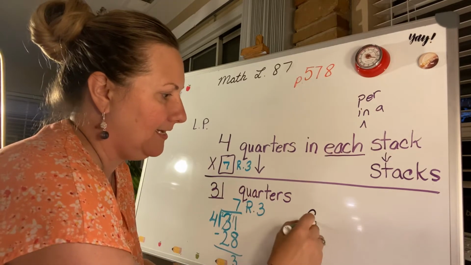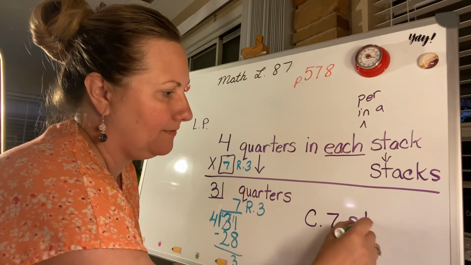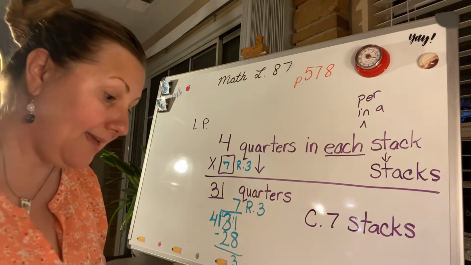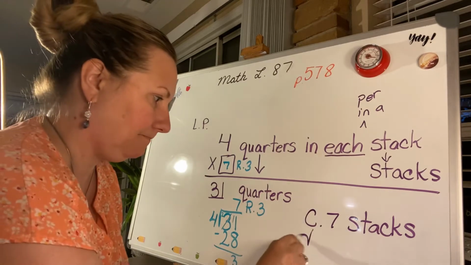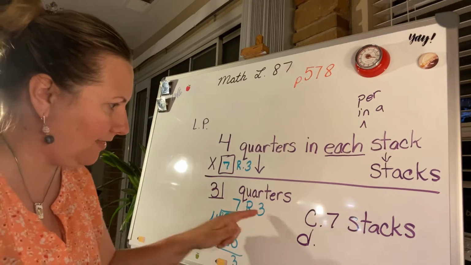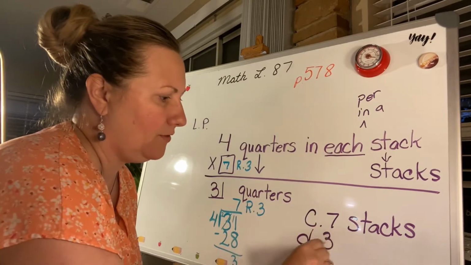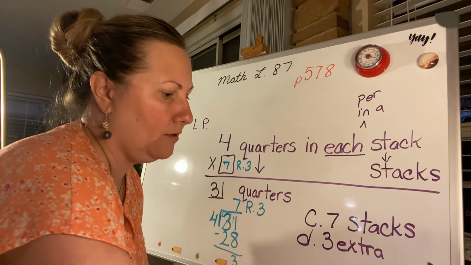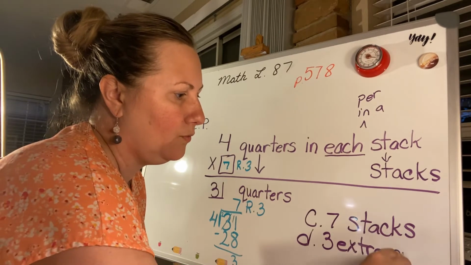So for letter C, there are 7 stacks. Then for letter D, it says how many extra quarters did we have? That's the remainder. So we're going to write there were 3 extra quarters.